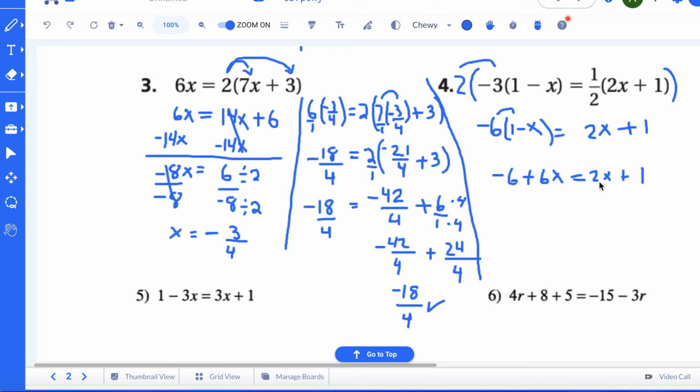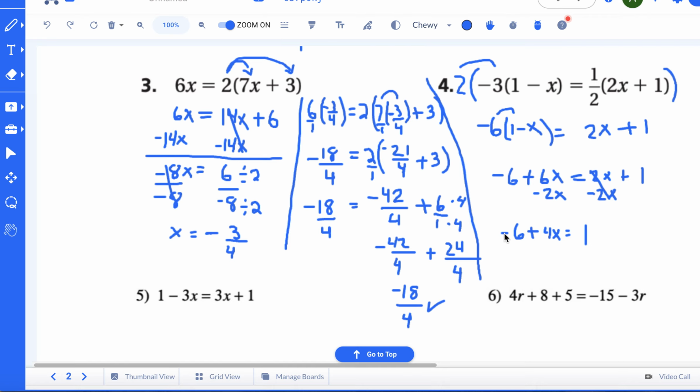So let's put this 2x on the other side, and I'm going to do that by subtracting 2x because I need to make it 0. So I subtract 2x, so this cancels, and now what do I have on the left hand side? We have negative 6 plus 4x equals, and then on the right hand side I only have a 1.